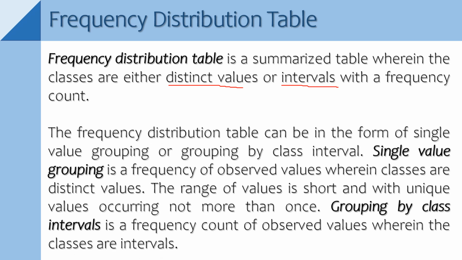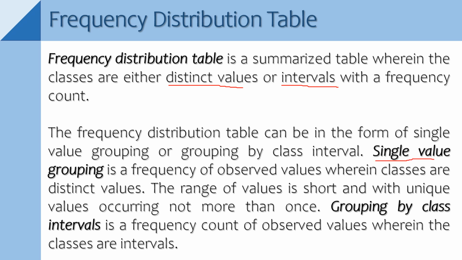Okay, next, the frequency distribution table can be in the form of single value groupings or grouping by class interval. Single value grouping is a frequency of observed values wherein classes are distinct values. So this is what I told you a while ago.